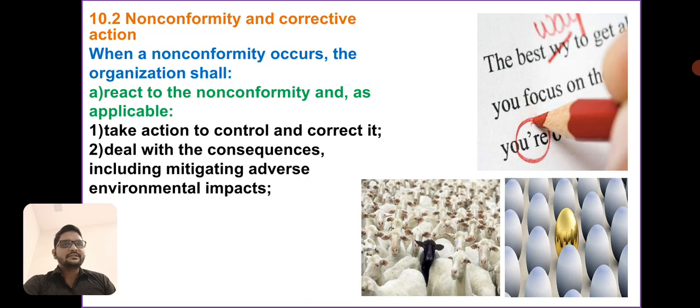Now, 10.2, that is non-conformity and corrective action. That clause is related to non-conformity and corrective action. When a non-conformity occurs, the organization shall react to the non-conformity as applicable. First is to take action to control and correct it. Second is to deal with the consequences, including mitigating adverse environmental impacts.